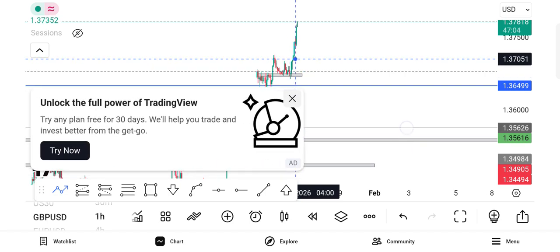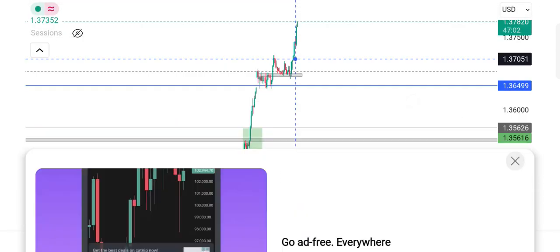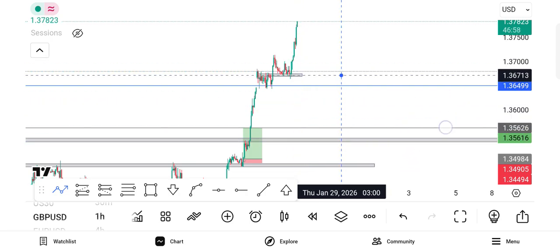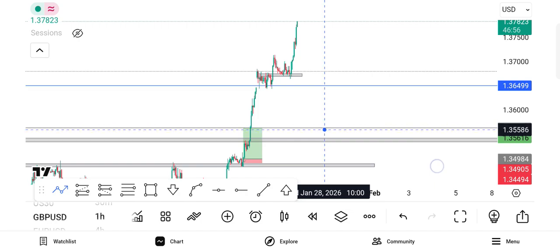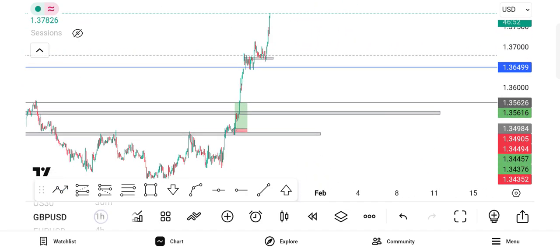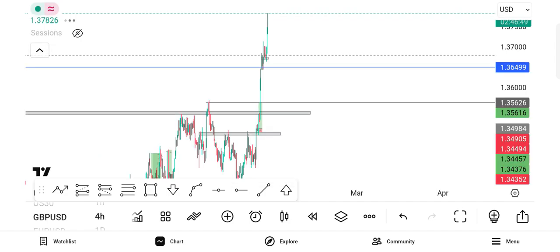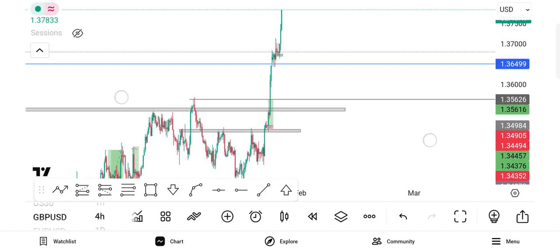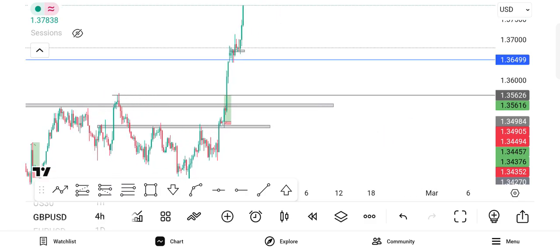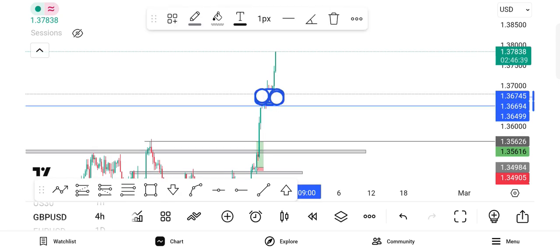So what I'll be watching for next is, since price didn't come to this zone, all these zones are kind of irrelevant for now, for us to follow what's currently happening. Price has already given us a new key level. On GBPUSD, this is what I'll be expecting.